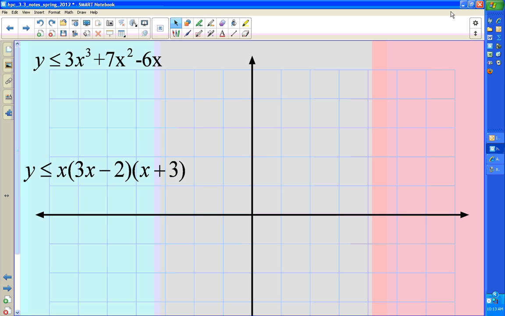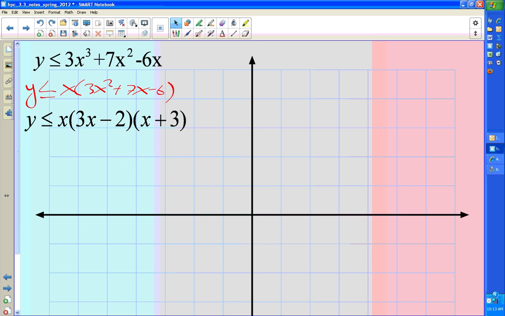First thing I want you to know is I'm not going to give you the factored form. I'm not going to give you this. I want you to be able to go and factor out the x to the quadratic and then factor it to this. Okay? So once you have that, you can identify your roots.